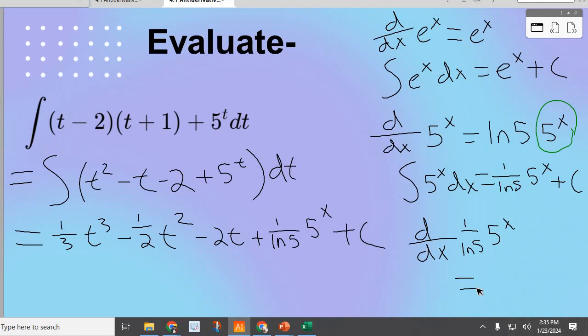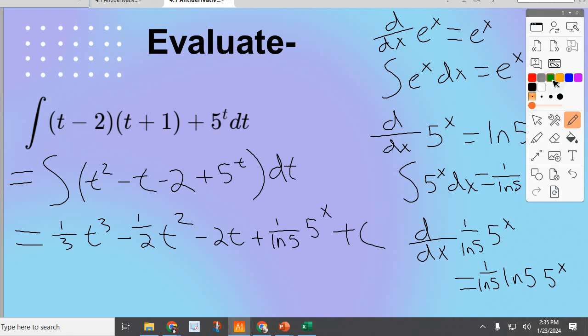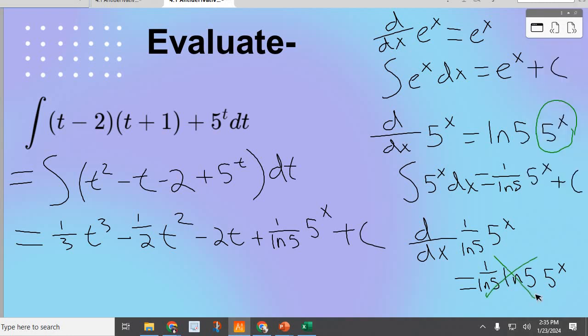what is, again, the derivative of just the 5 to the x part? Natural log of 5 times 5 to the x. But now I also have this natural log of 5 out front, which is what we want, because we want that to go away.